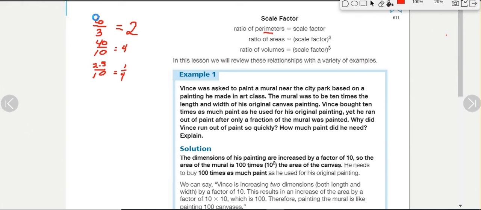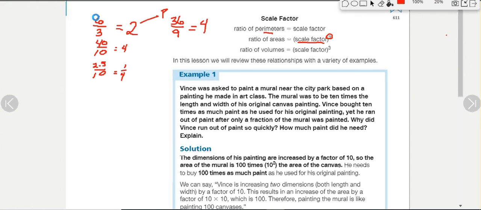But then you take that scale factor and you square it with areas because it's 2 dimensions. So length times width squared. So if the scale factor was 2, that scale factor squared means its area would be times 4.